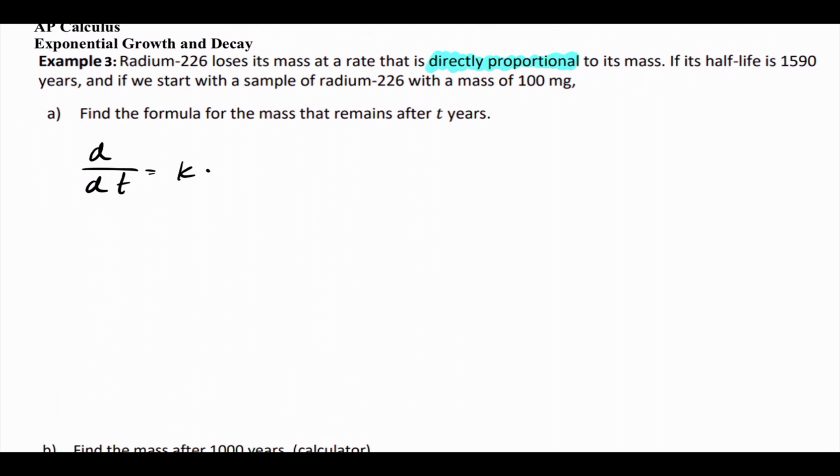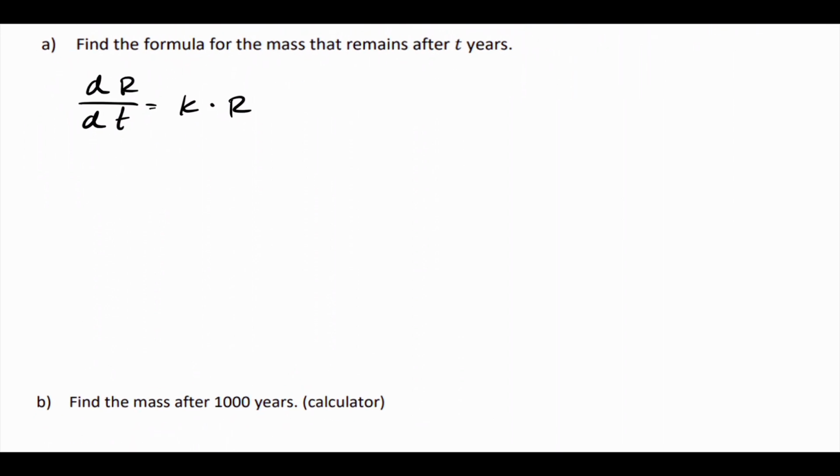And if you want to use capital R for radium, that's great. If you want to use lowercase m for mass, that's okay too. Whatever you want, that's okay. As long as you have that going. R's to the left, T's to the right.